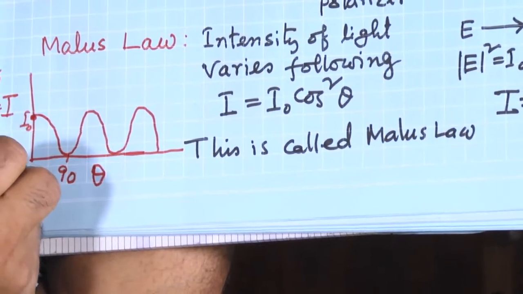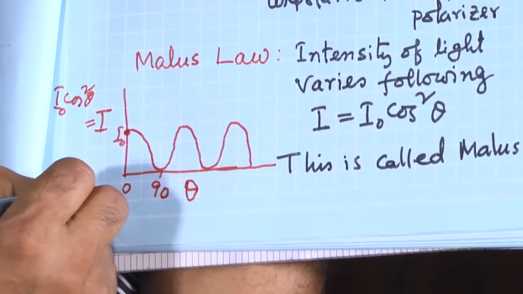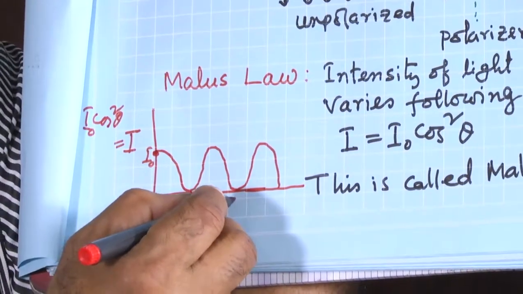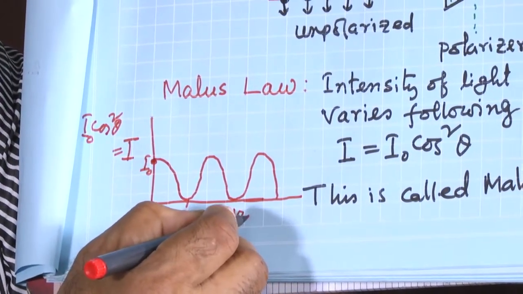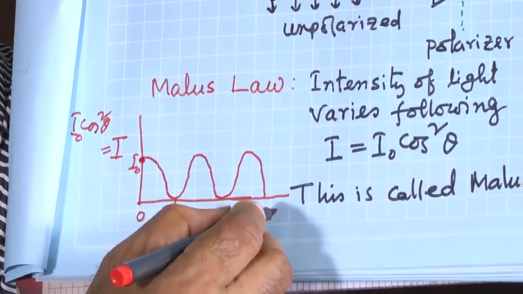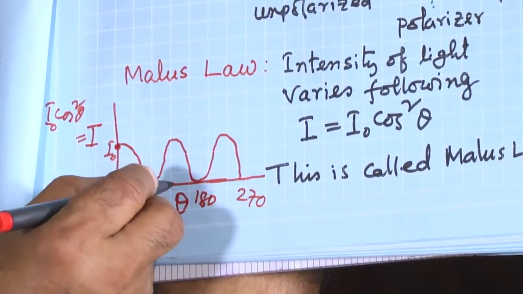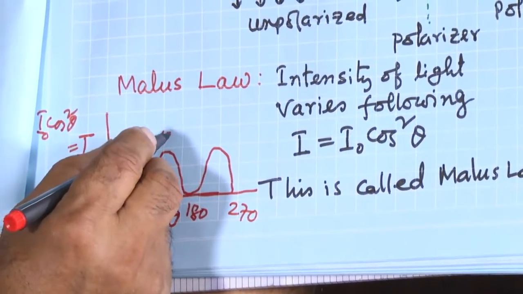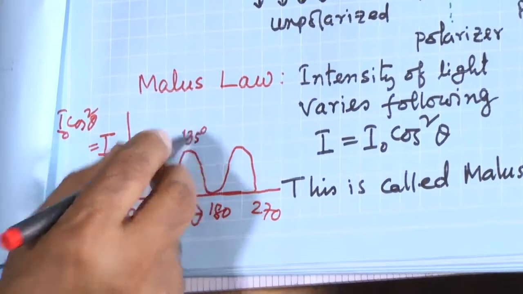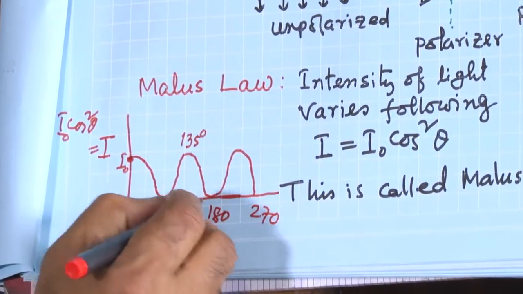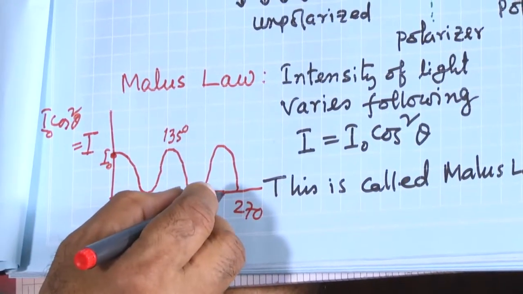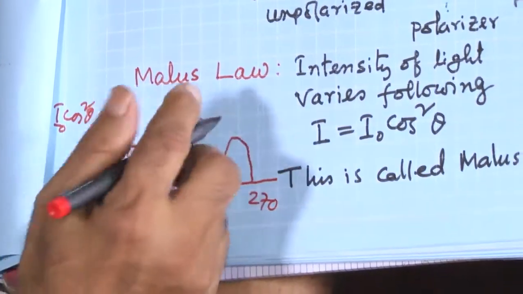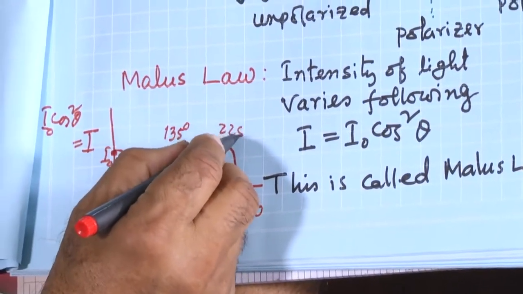This is 0 degree, then 90 degree, this will be 180, 270, and this will be at 45. Then 135, this angle will be 135, then 180, 45, 225.